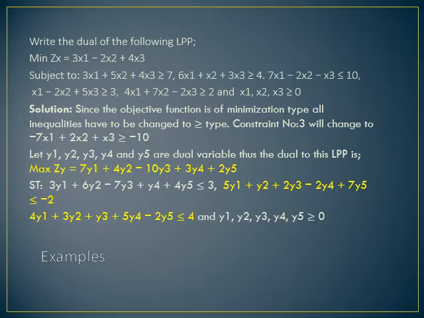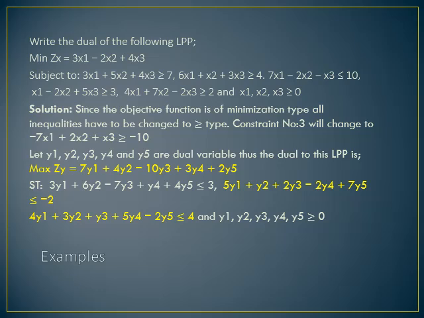Okay, write the dual of the following LPP. Given minimization Z = 3x1 - 2x2 + 4x3. The constraints are: 3x1 + 5x2 + 4x3 ≥ 7.